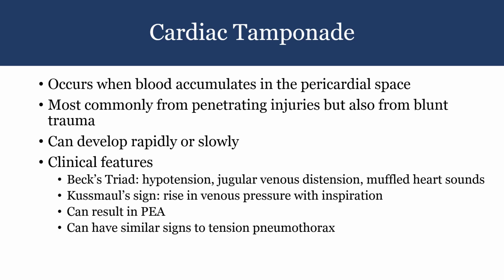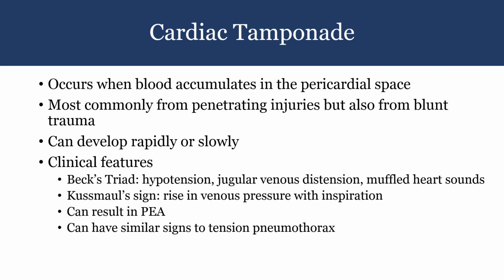Jugular venous distension, because of the decreased venous return, you have engorgement of the neck veins, which are the jugulars. So when you look at this patient, their neck veins are all engorged and distended, and they are very visible. And because you have a lot of blood within the pericardial space, the heart sounds are muffled.